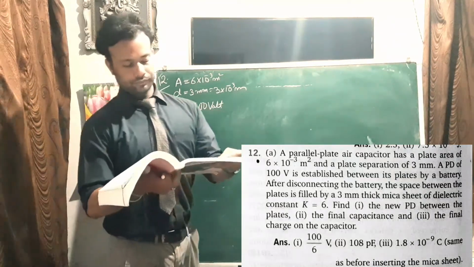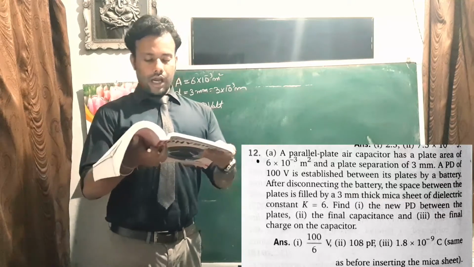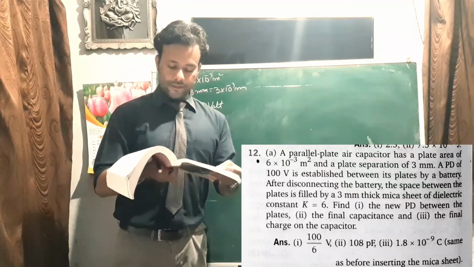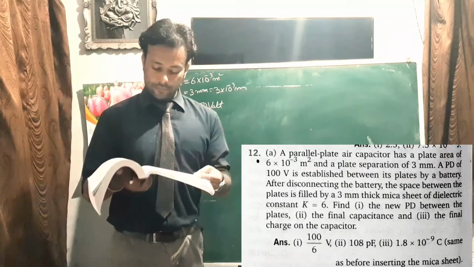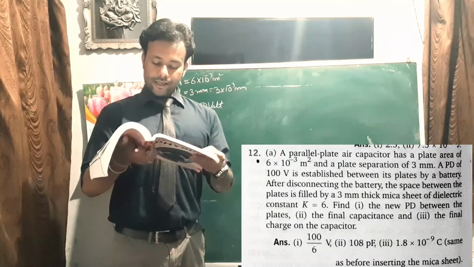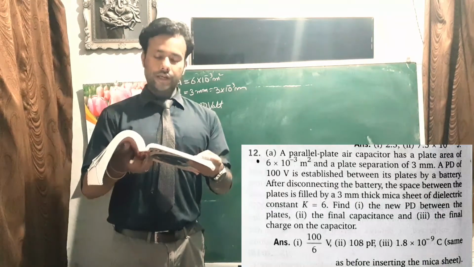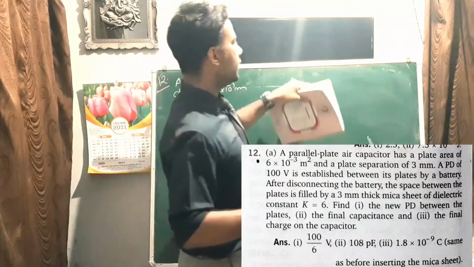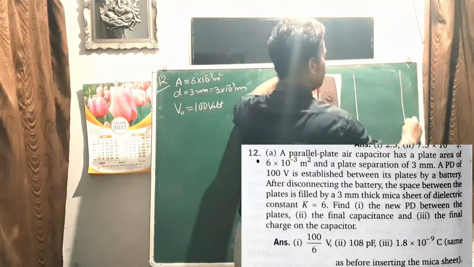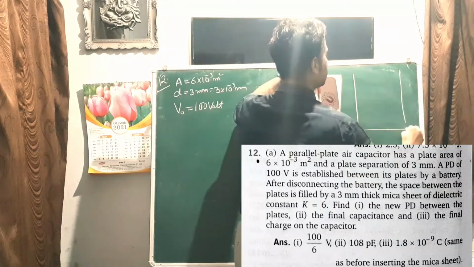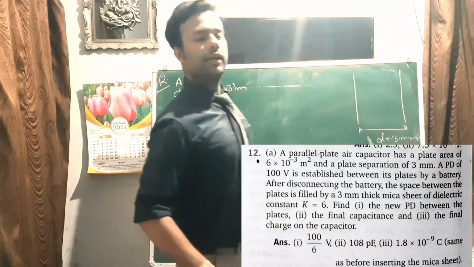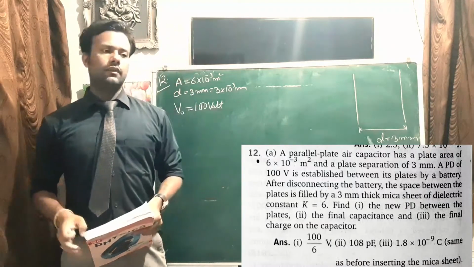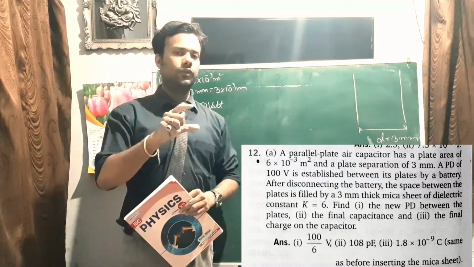Now after disconnecting the battery, the space between the plates is filled by a 3 mm thick mica sheet of dielectric constant K. Now obviously the distance D is 3 mm, and we have inserted a mica sheet of 3 mm.